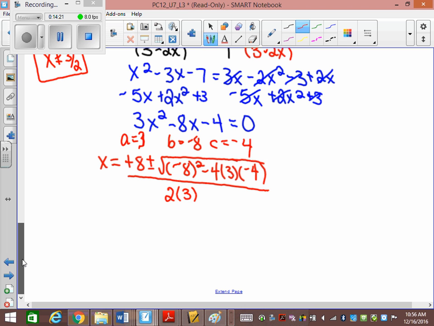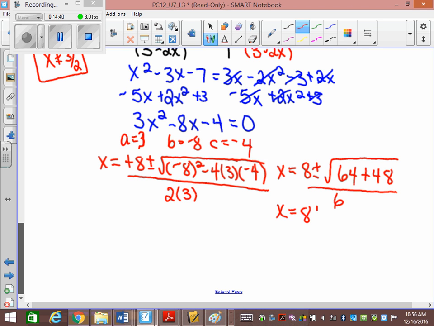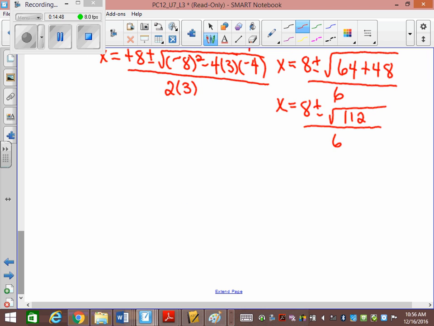Okay. So then x equals 8 plus or minus 64, 48 over 6. X equals 8 plus or minus 112 over 6. What perfect square does 112 break into?